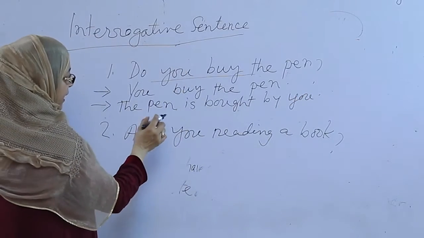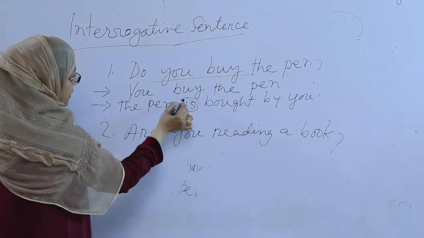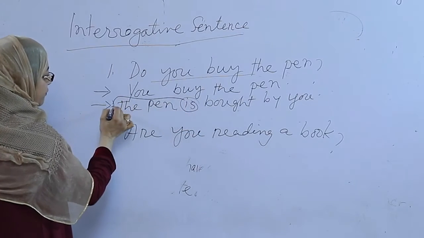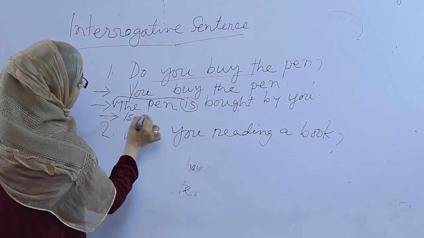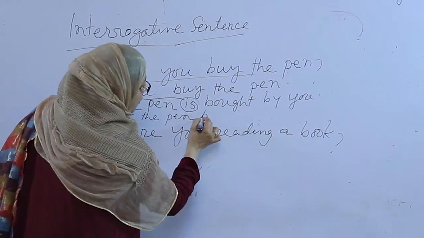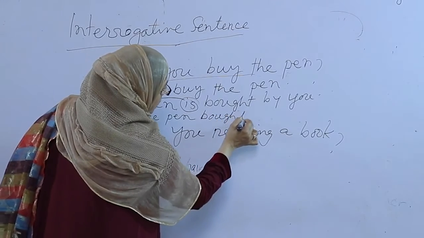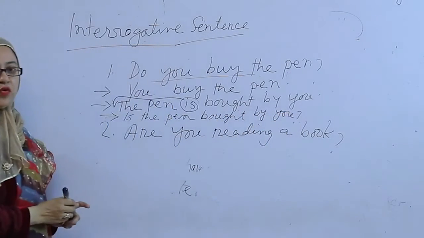And if I want to change it into an interrogative form, then I only put the verb in front of the sentence. Is the pen bought by you? Is the pen bought by you?